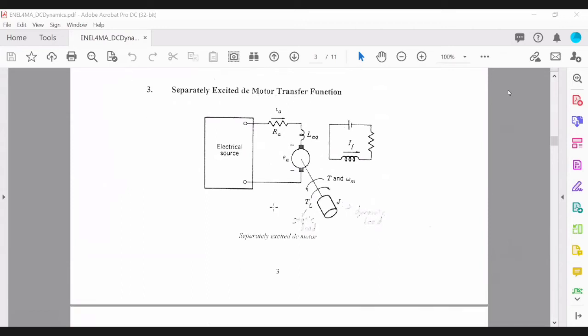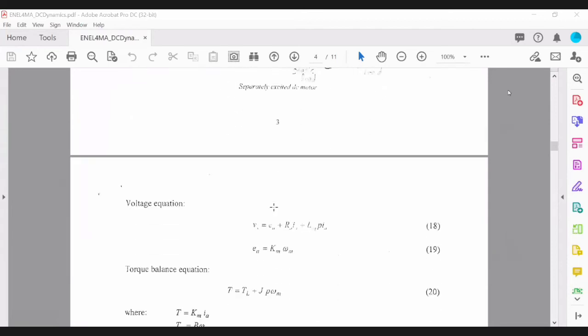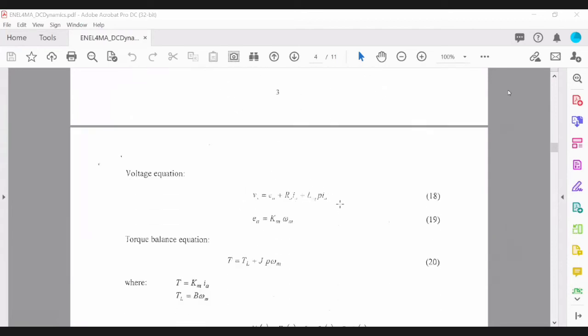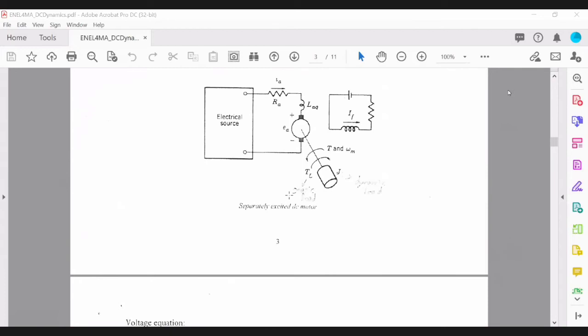Right, so as you can see, we've already written this equation before. So that's the equation for Vs, which is your supply voltage to the motor, right? And this is separately excited, meaning that you're generating your field current separately from this source.